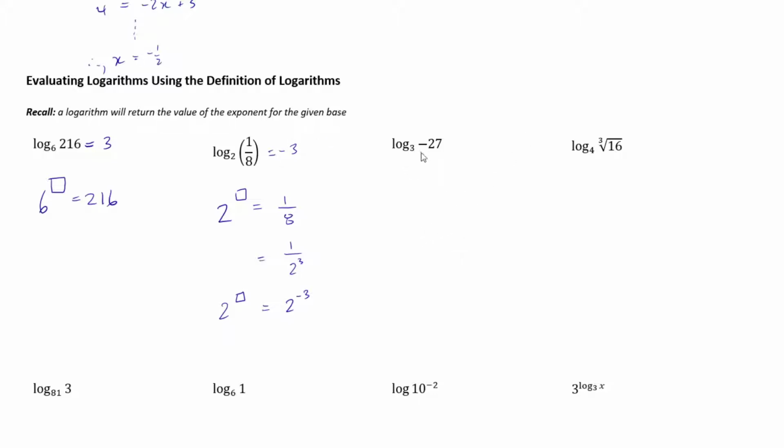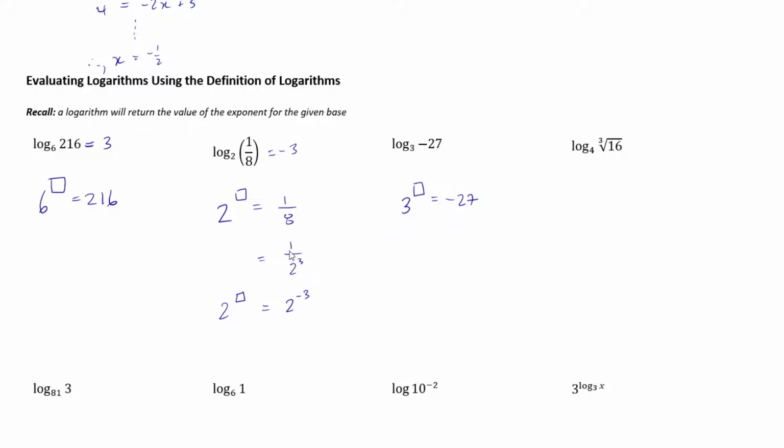If we look at the next question right here, logarithm of negative 27 base 3. So 3 to what power would give me negative 27? Well, hopefully that should cause some alarm for you, because positive 3 raised to any exponent cannot give you a negative number.